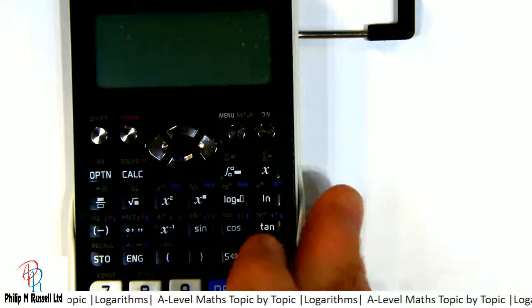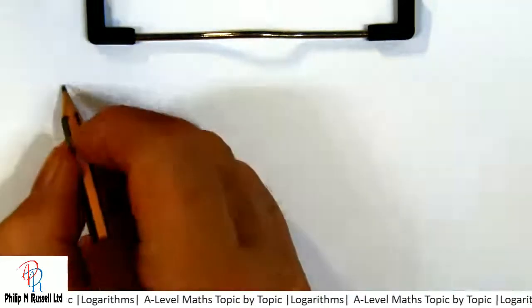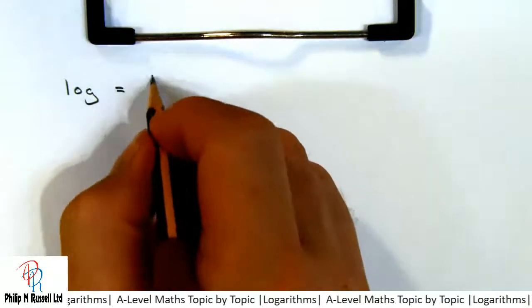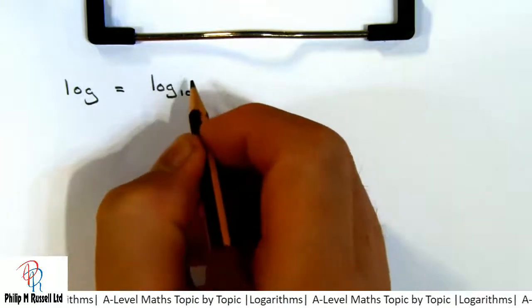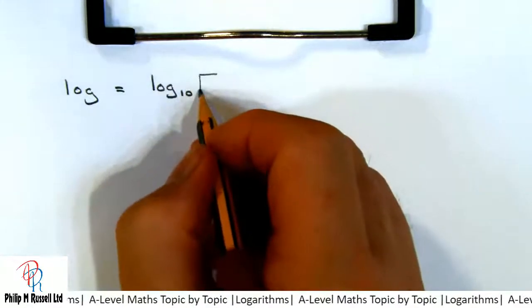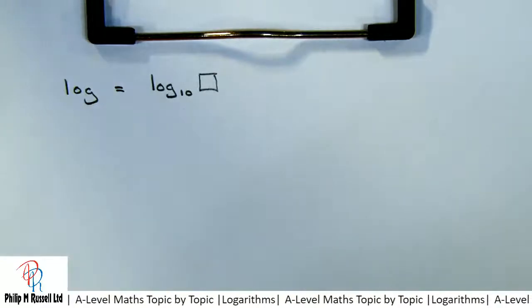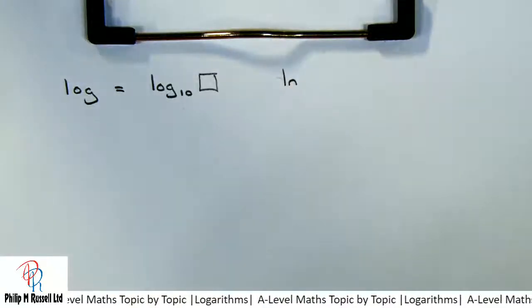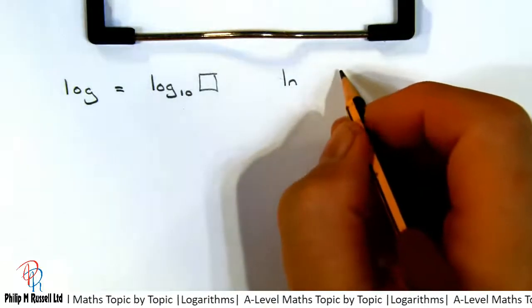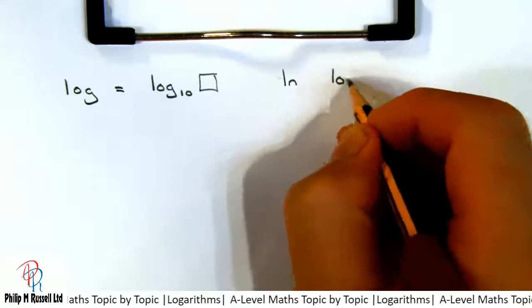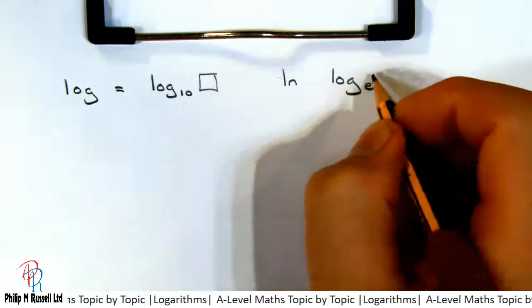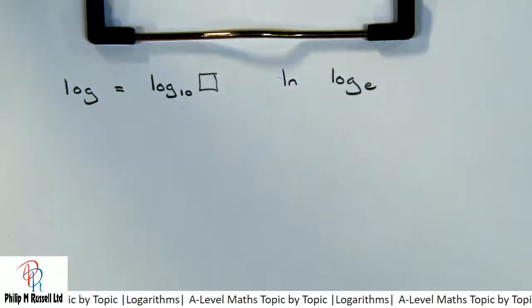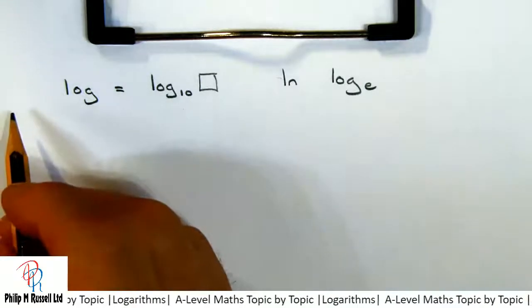So when we meet these in maths, we meet log, and log generally is another way of saying log to the base 10 of some number, or we meet ln, and ln is here log to the base e, and we meet this funny symbol e. And then what is e?